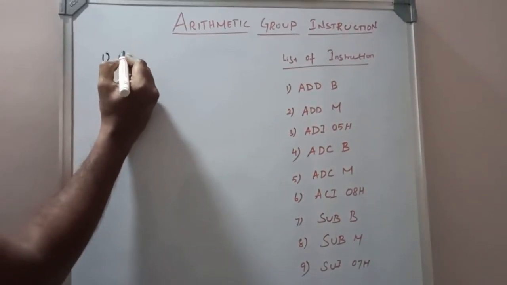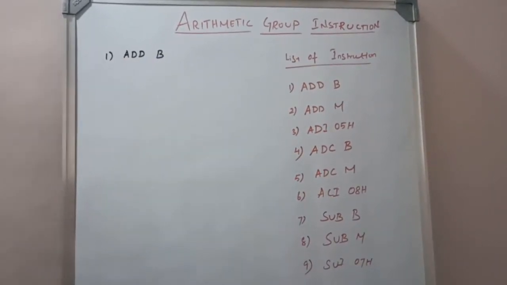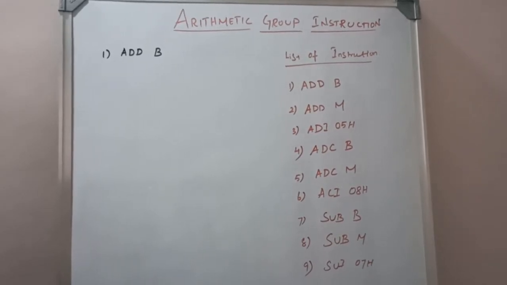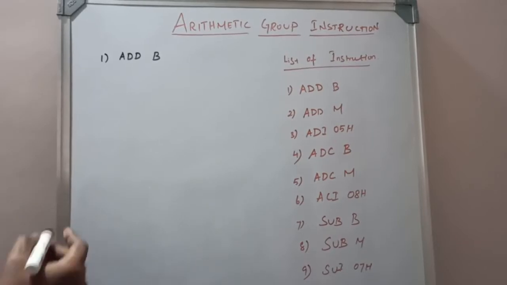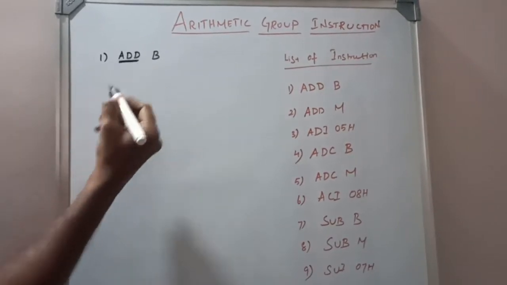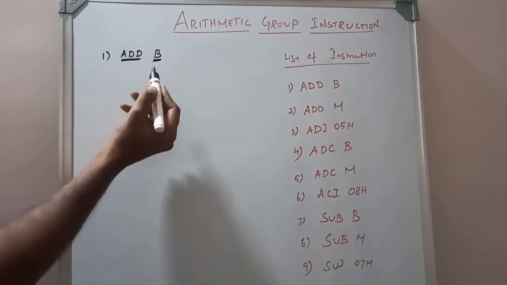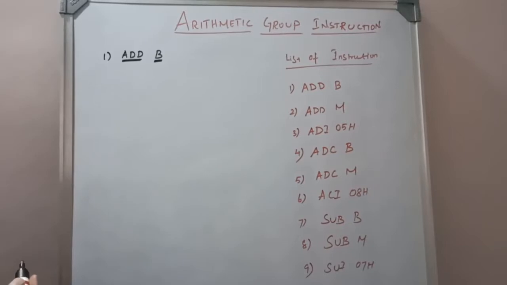The first one is ADD B. This instruction performs the addition function, adding the content between two registers. ADD represents the function and B is one register. The B register value is added with the default register, the accumulator.